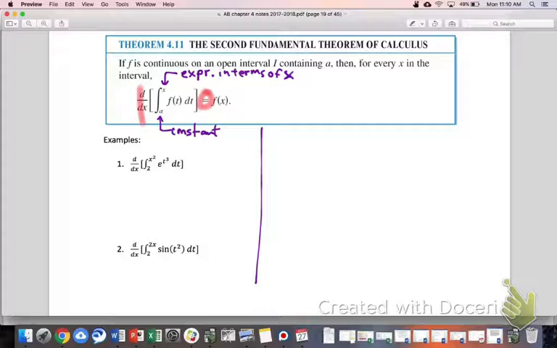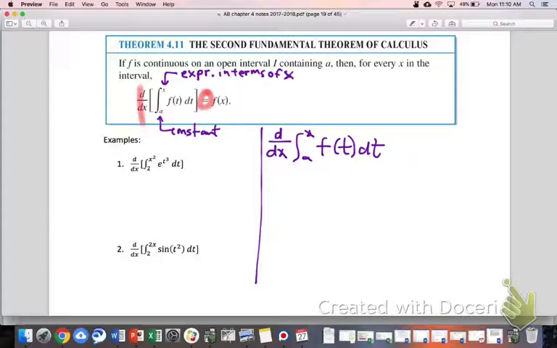So here we go. I'm going to write d/dx of the integral from a to x of f of t dt. And I'm going to go ahead and do the work on the inside first, just like the order of operations we've done. I'm going to find the antiderivative of lowercase f.